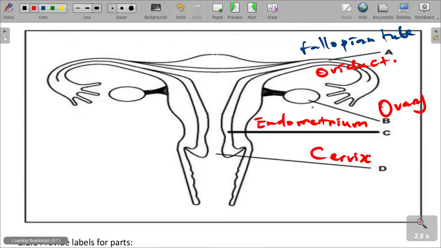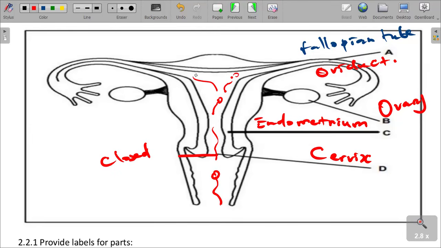Obviously, if D is closed, the cervix or the passage into the reproductive organs is blocked. Sperms will not reach the ovum to go into the fallopian tube. The sperm cells, when released, have to pass through.